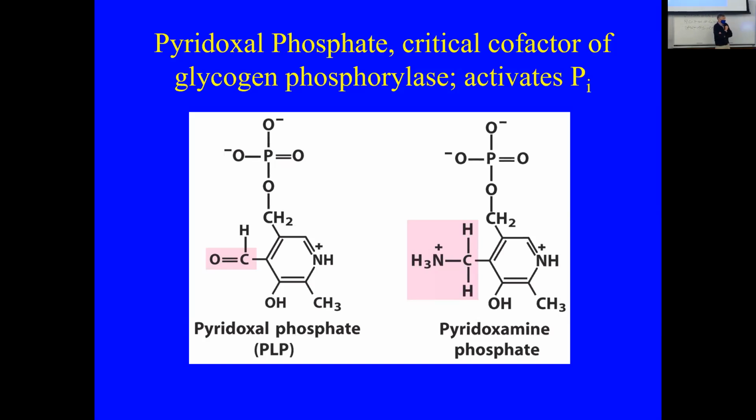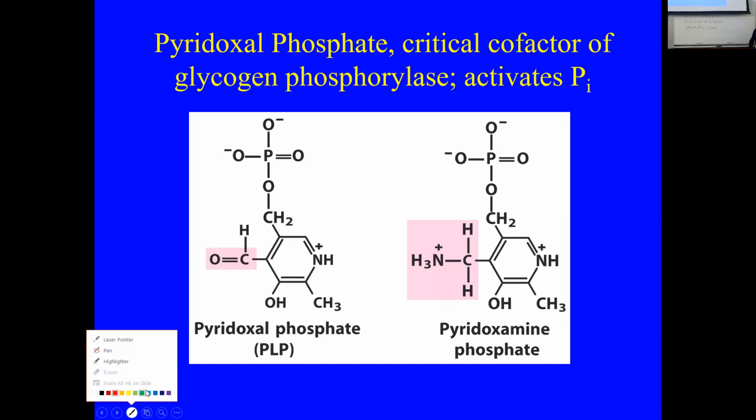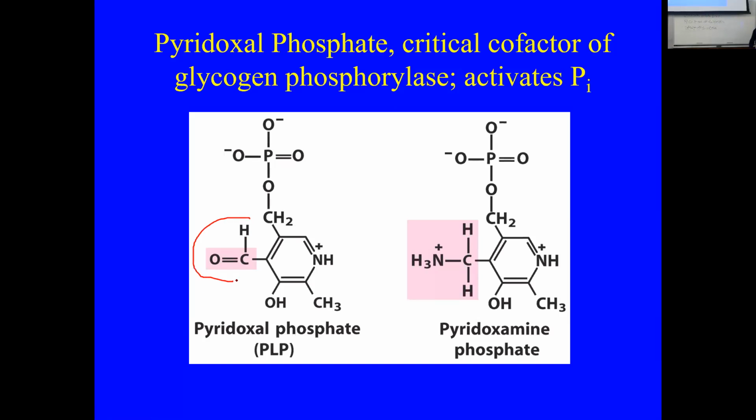It has an aldehyde group, as you can see here, that is going to bind to the enzyme. So that's going to bind to a side group, presumably a lysine, on the enzyme.